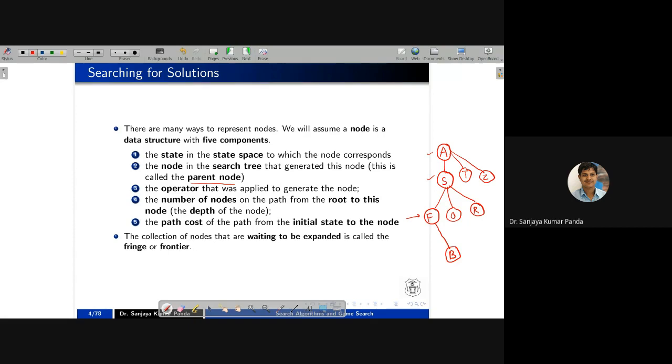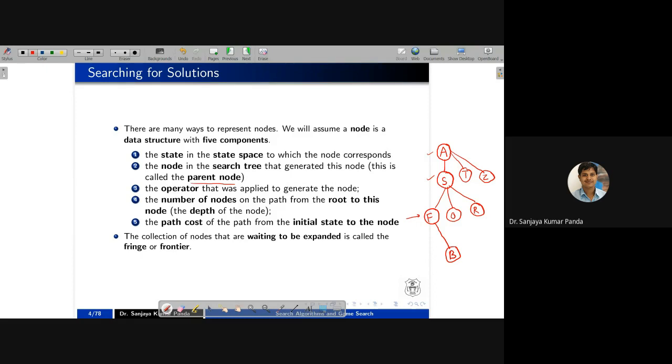Each element present in the open list is waiting to be expanded. Once it is moved to the closed list, it indicates that it is already expanded. Such nodes that you have not explored and that are waiting to be explored, we call a fringe or frontier.